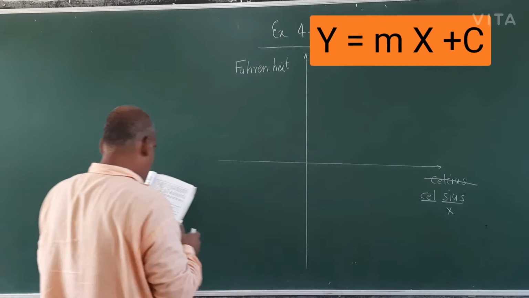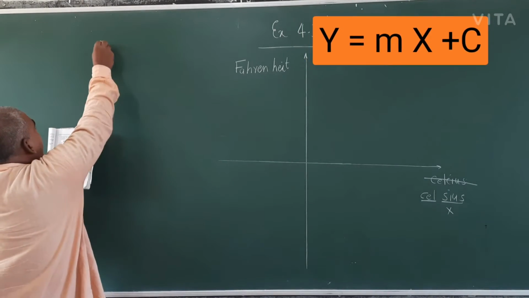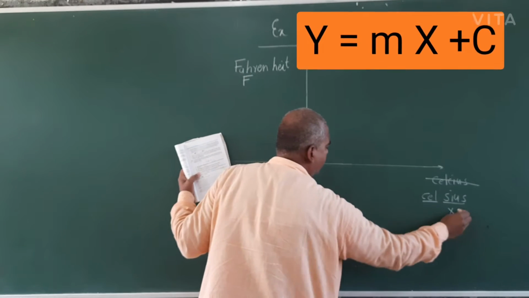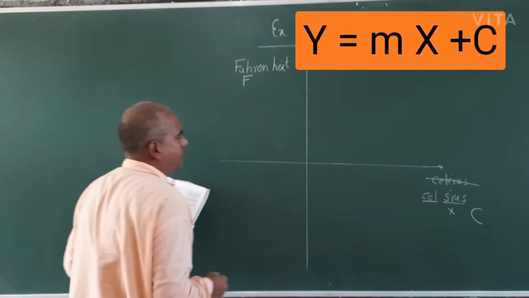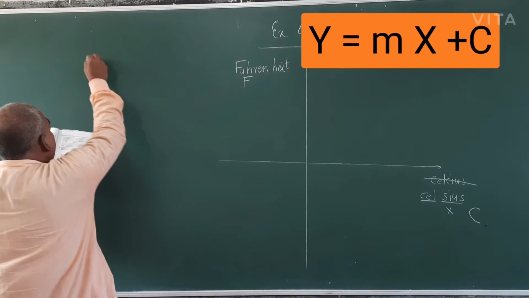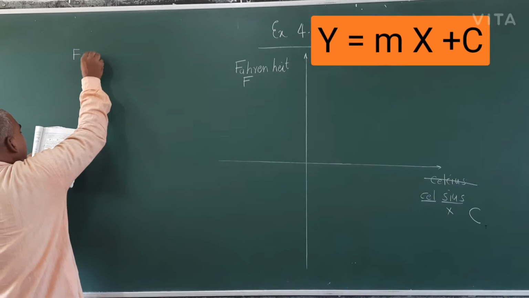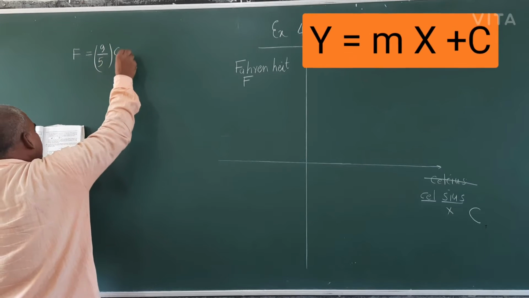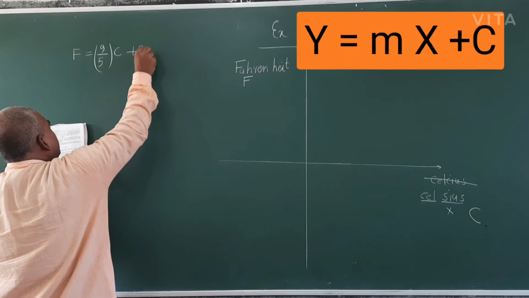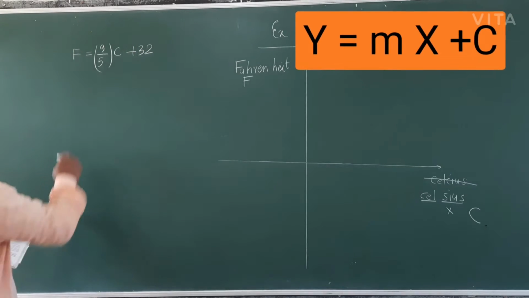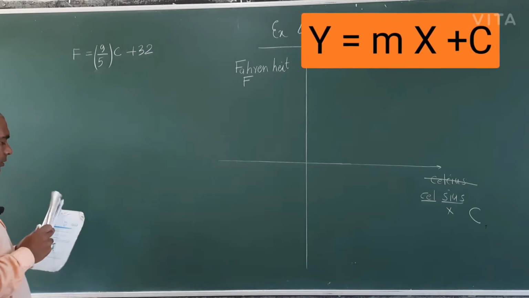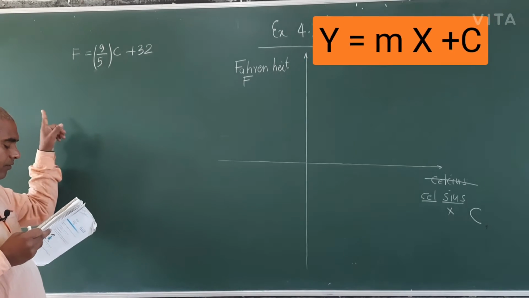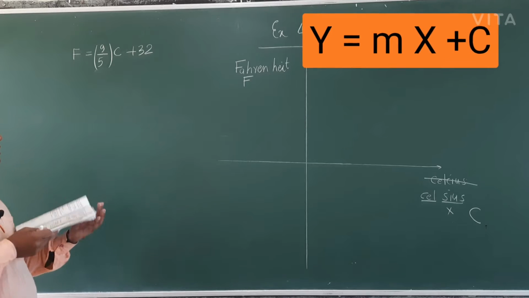We have an equation: F is equal to 9 upon 5 times C plus 32, where this is F and this is C. I have told you in the extension part of question number 1, fourth part.